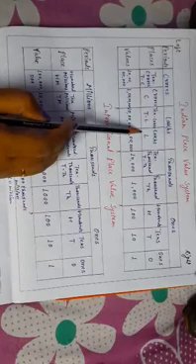In the thousands period, we have 2 places: thousands and 10,000s. In the lakhs period, we again have 2 places: lakhs and 10 lakhs. And finally, in the crores period, we have 2 places: crores and 10 crores.